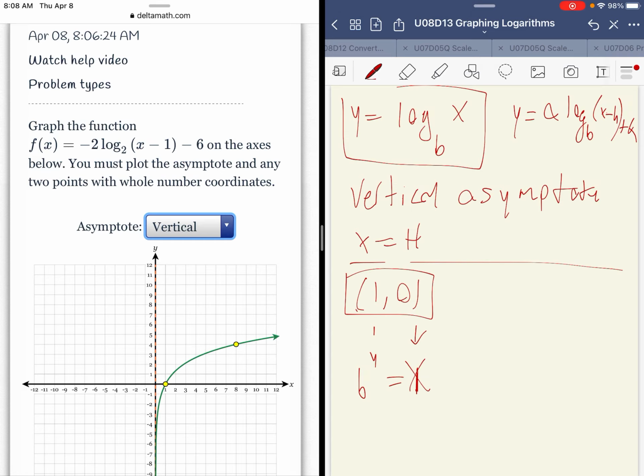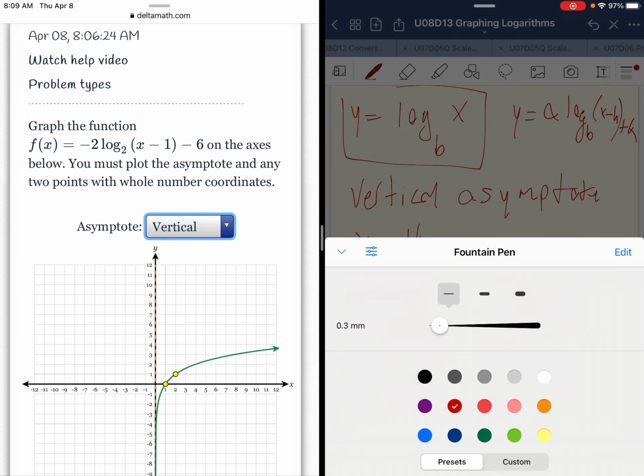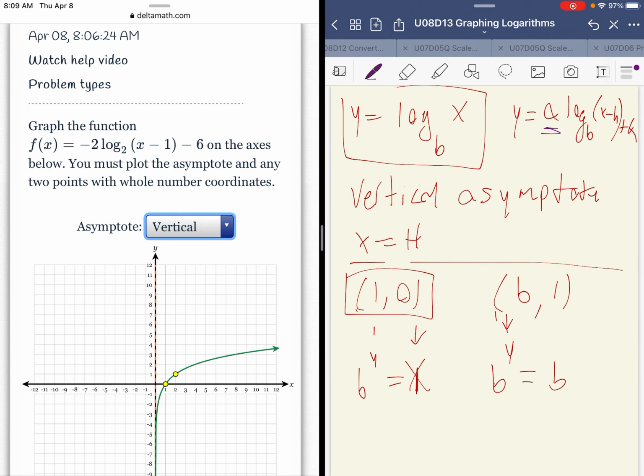The second point that's going to be on there is going to be its own base and 1, because b to the y will equal b when y is 1. Okay? So in this case, we're looking at a base 2, so that means 2, 1 is going to be on our graph. Now, if there is a vertical stretch here, in this case the a value, then all the y values will be multiplied.